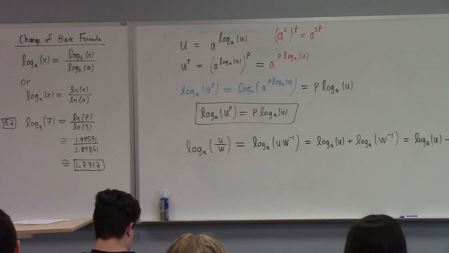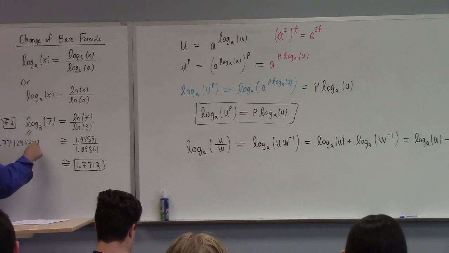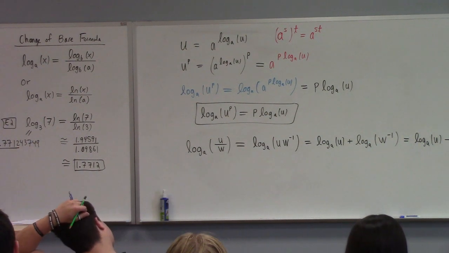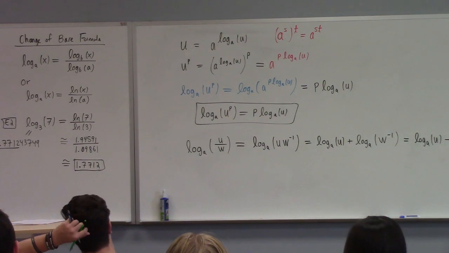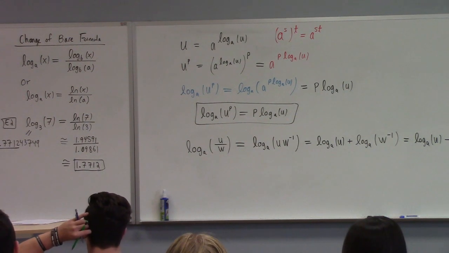I wanted log base 3 of 7. So my calculator does have it, truth be told. If I do that directly in my calculator, it gives me 1.7712. So, hooray, that agrees. But maybe your calculator doesn't have a log base whatever button. I don't know.